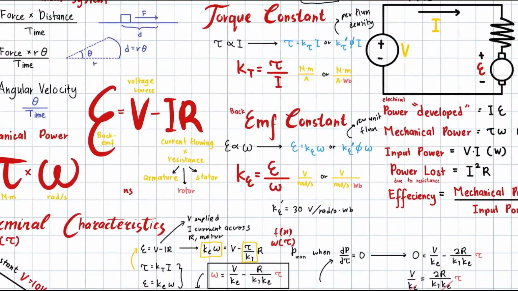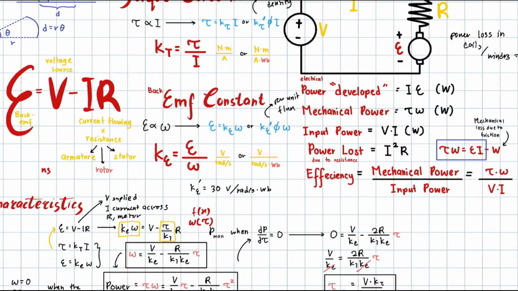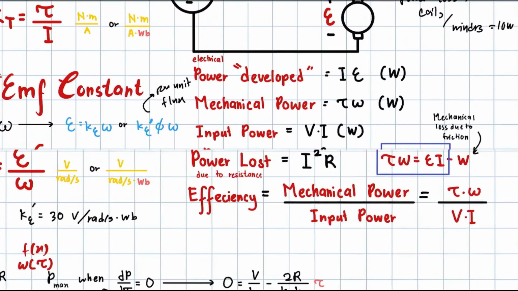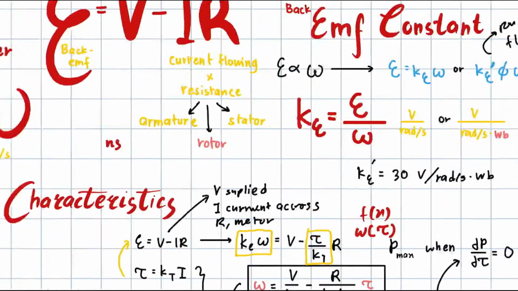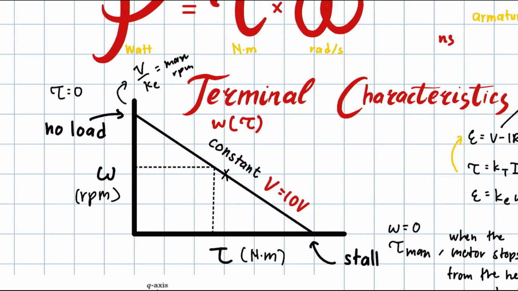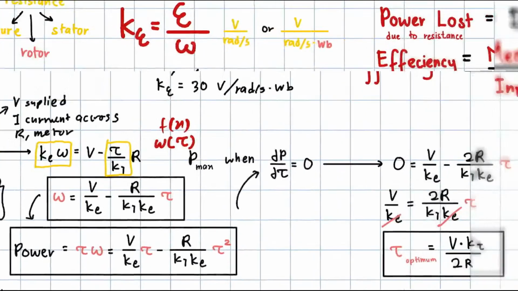If you have so much torque, the mechanical power will be high, but it will be less efficient because the angular velocity is lower.